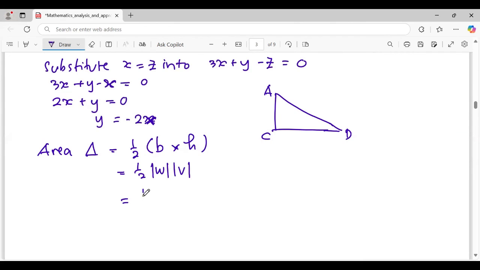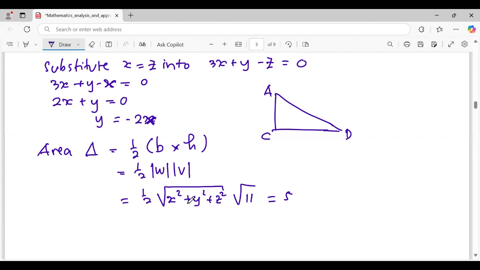So it's going to be half the root of X squared plus Y squared plus Z squared, which is modulus W, and modulus V is square root 11. It equals 5, based on the information that the area is 5.